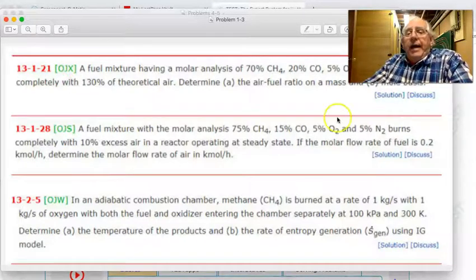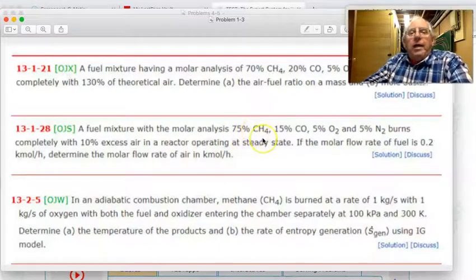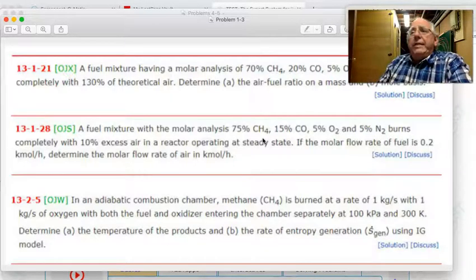And that is the percentages. So that makes up 100%. And so when we put it in a molar analysis, we'll put it in as either kilomoles or percentage. But again, on a mole basis and not a mass basis.